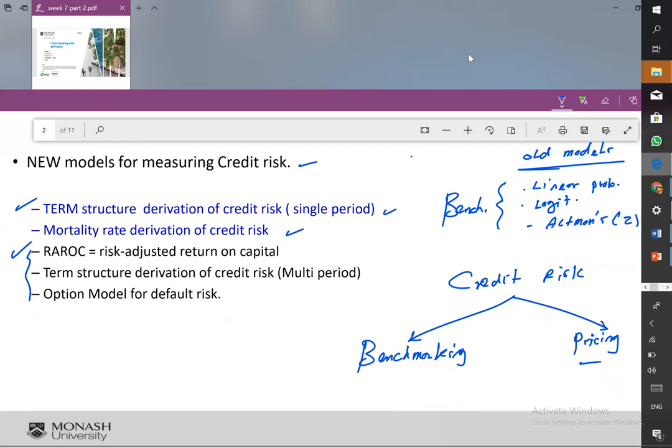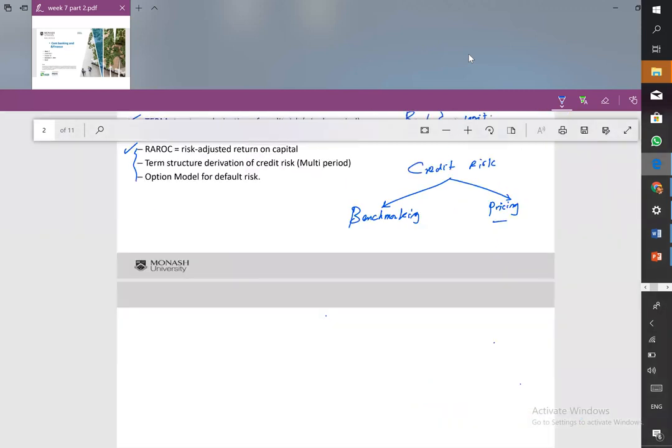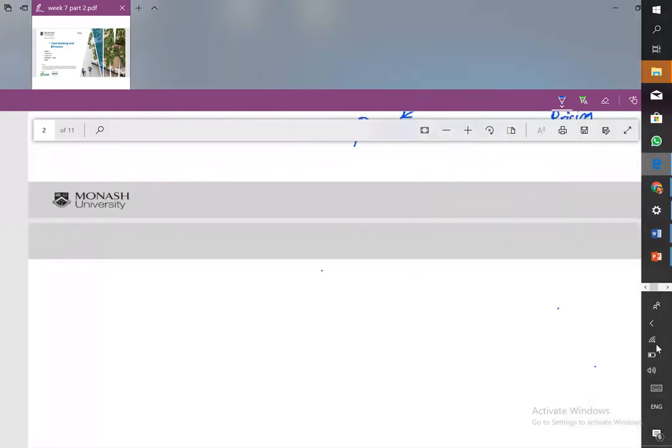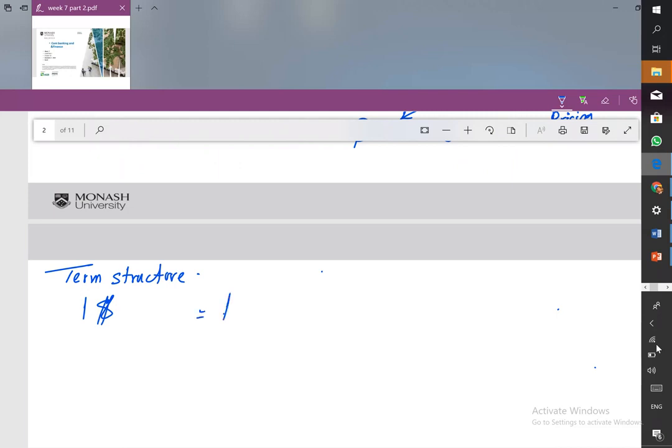Now, let me tell you the concept behind this term structure. The term structure is telling me, if I have $1, I can invest this $1 in corporates, or I can invest $1 in the central bank, in treasuries, and receive the fixed risk-free rate.